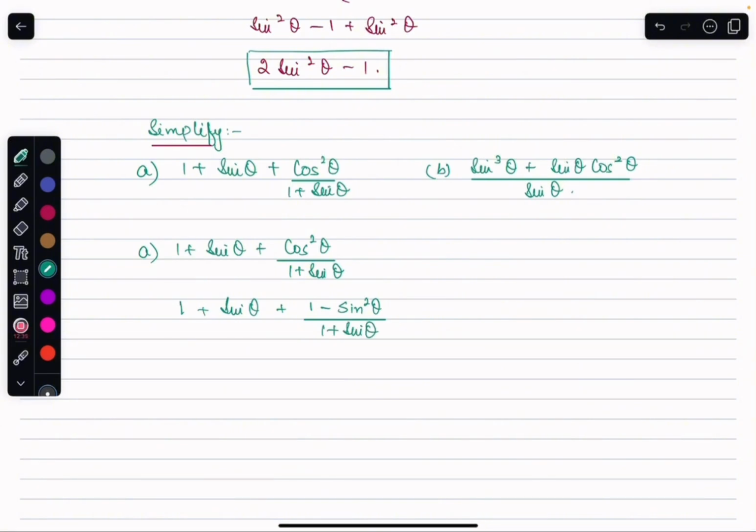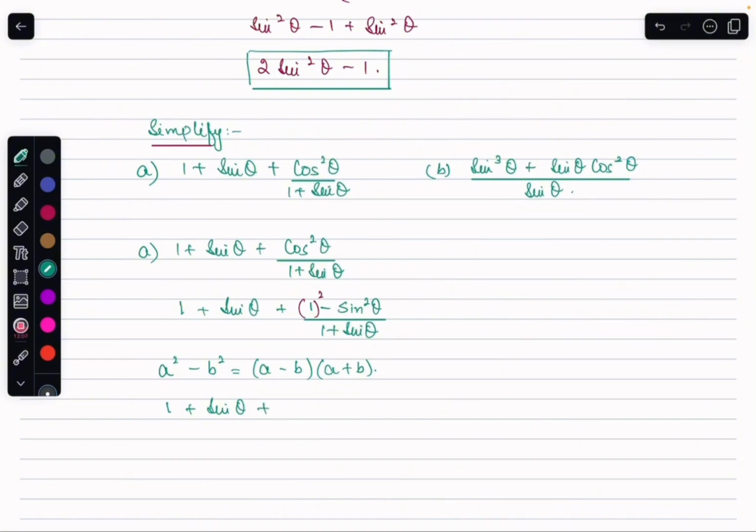So 1 minus sine square theta, if you remember the algebraic identity, a square minus b square is written as a minus b times a plus b. In this question, this 1 can be written as 1 squared, so I have the identity a square minus b square, which can be replaced as a minus b and a plus b.